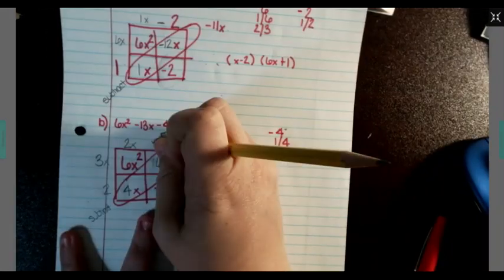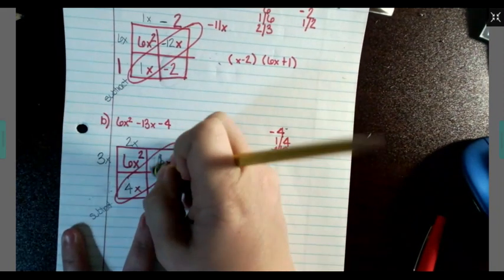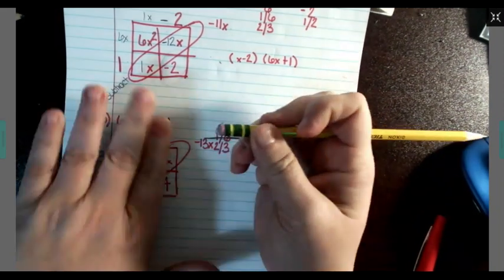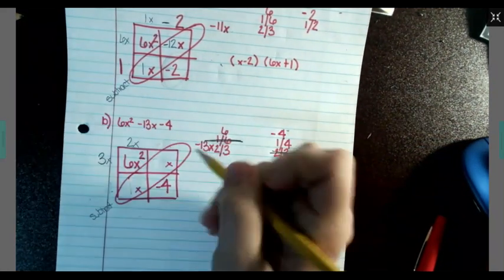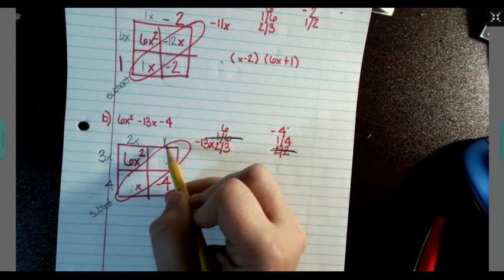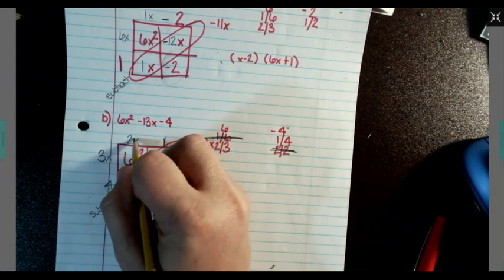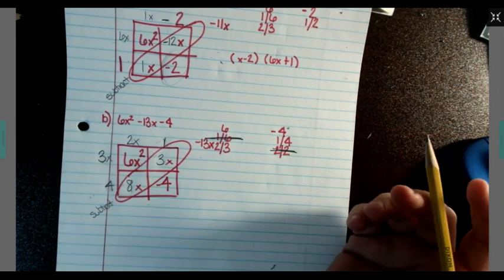Let's try the 1-4 now. Got the 1 here and the 4 here. This is going to be 3. This is going to be 8. When I subtract, that gives me 5.